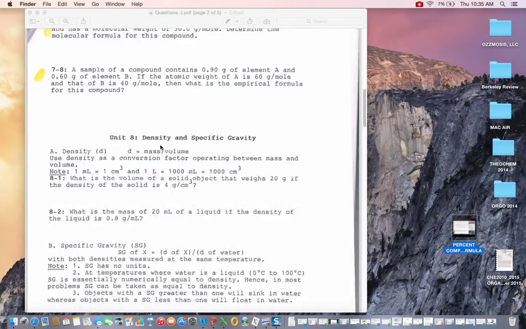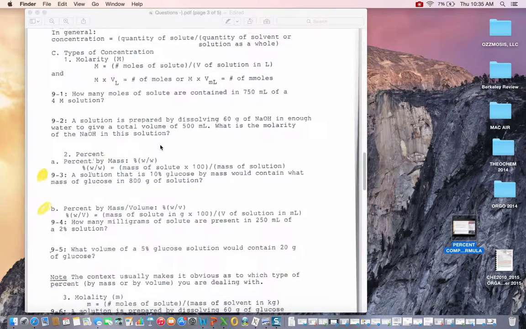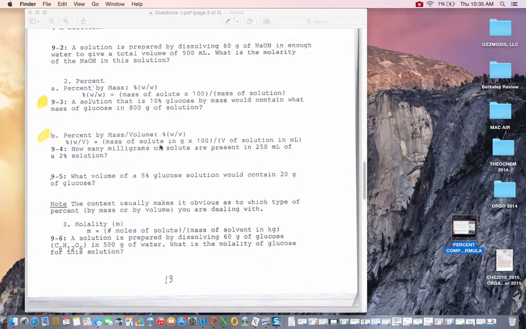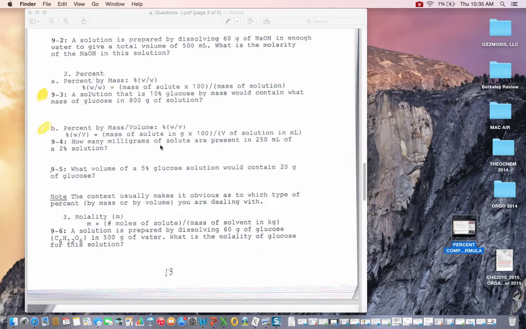So let's look at percent by mass. Essentially, percent by mass will be the mass of solute divided by the mass of the solution times 100%. So let me go ahead and formally define that.